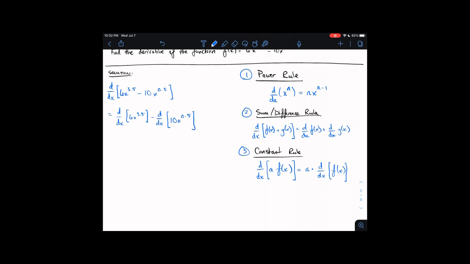Okay, so this was rule 2. Let's put that here. Then this direction. So now what I'm going to do is pull this 6 out. I'm going to pull this 10 out using that rule that I so eloquently forgot. So that's 3. And now I can use rule number 1.